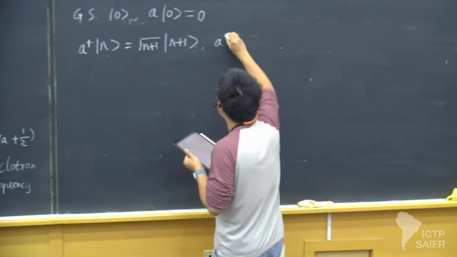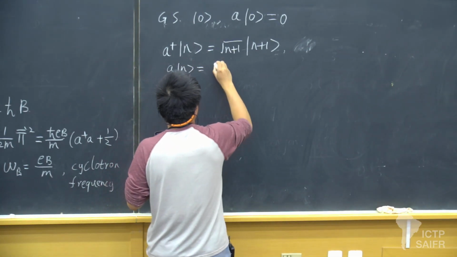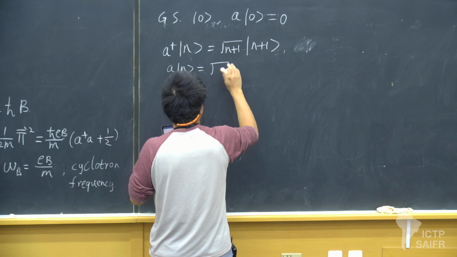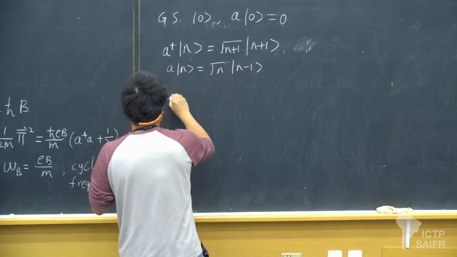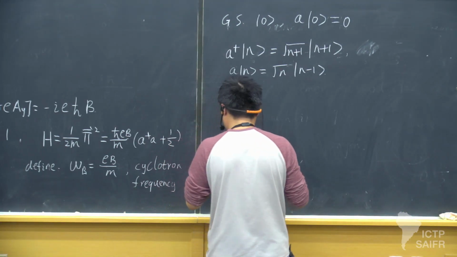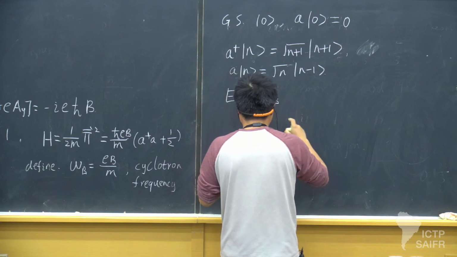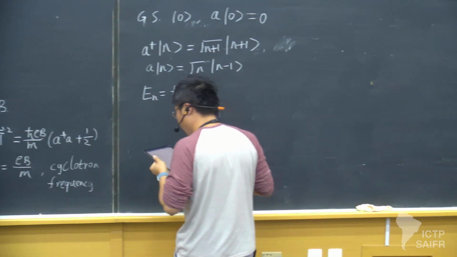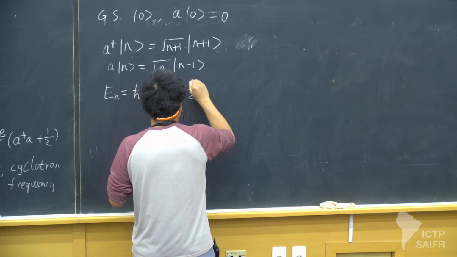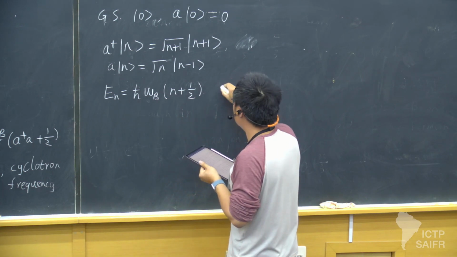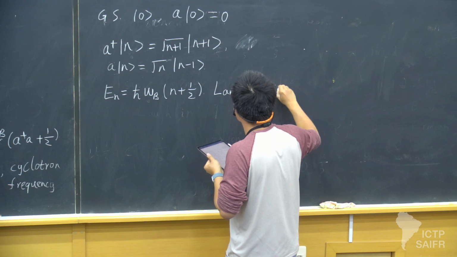Similarly, if I apply the annihilation operator, I will decrease it by 1. And you will know that the energy of each state will be h bar omega B times (n plus 1/2), where omega B is the cyclotron frequency. And this is what we call the Landau level energies, the Landau levels, right?